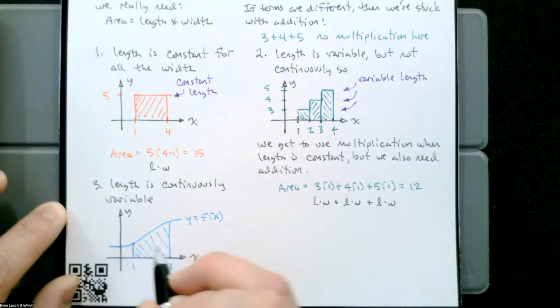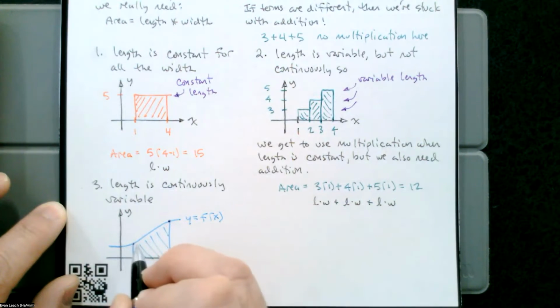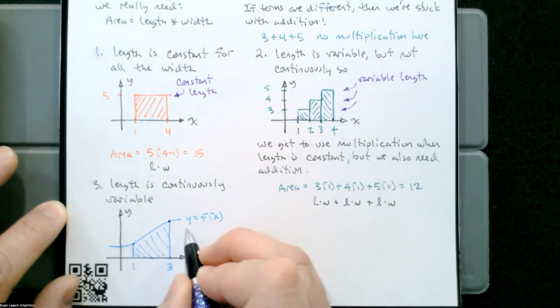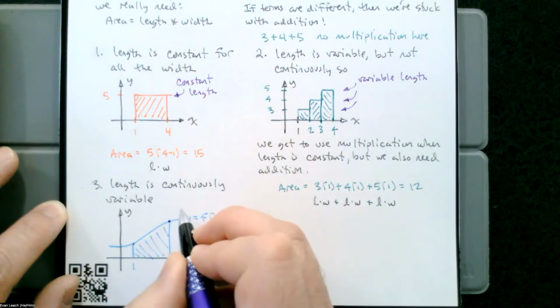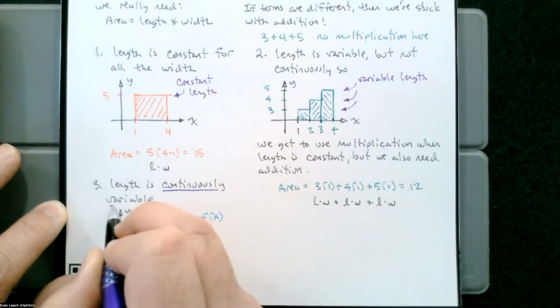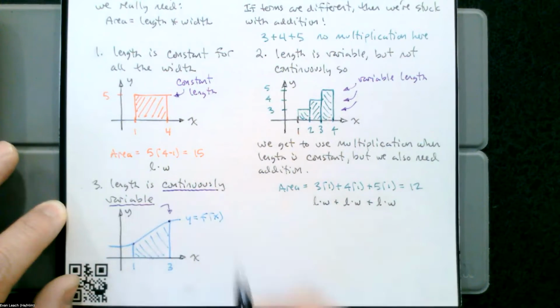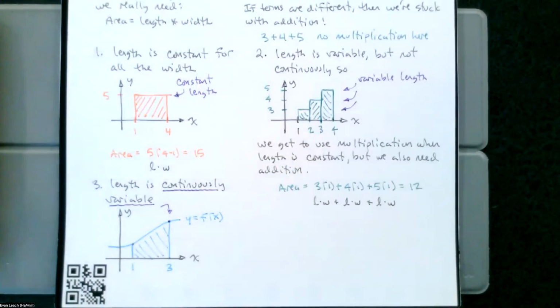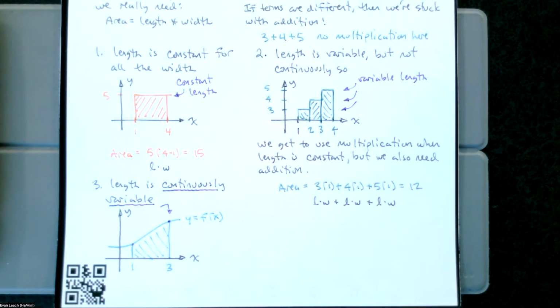It's not taking steps, it's just moving from f of 1 up to f of 3. It says it right up here, continuously variable. Because I've got that continuous function telling me what the length is. How's everybody okay? Everybody remember this progression?